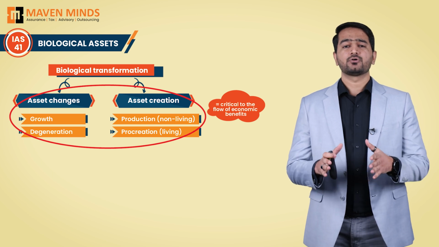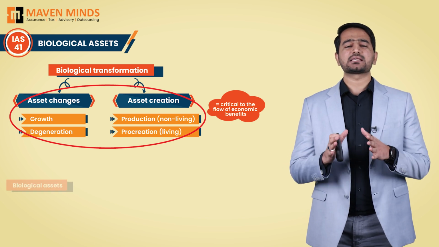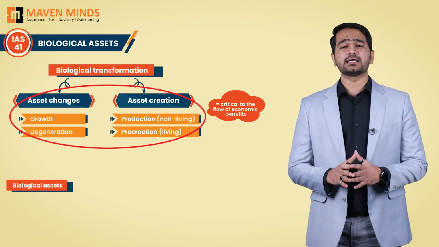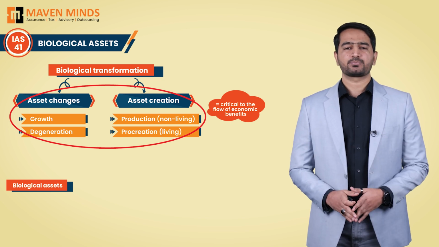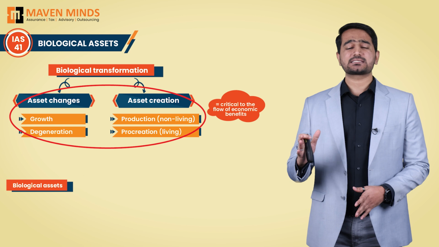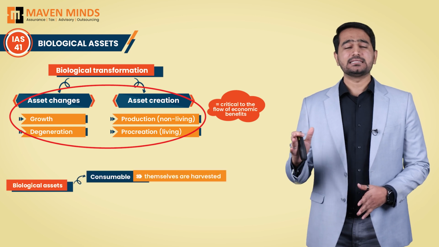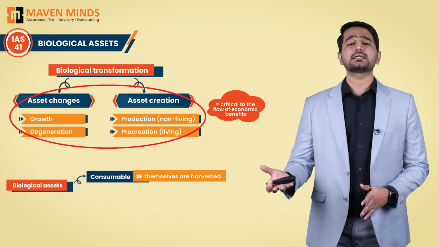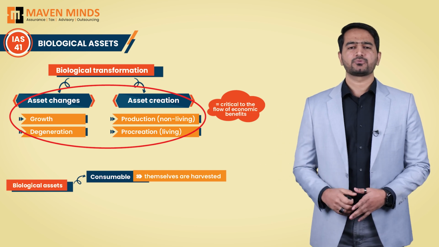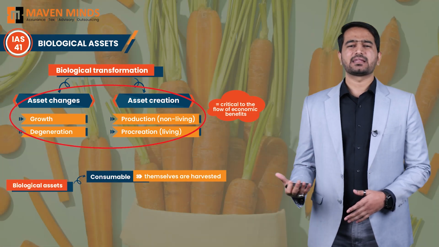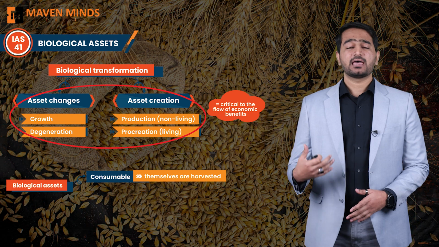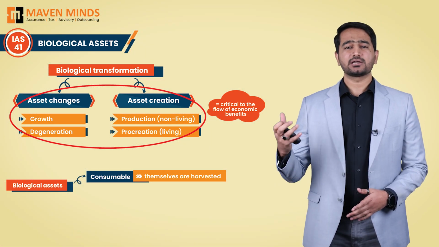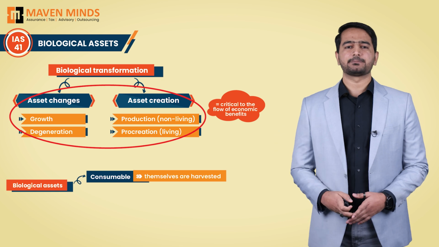And based on what role a biological asset plays in the agriculture system, they are categorized into two categories. The first category is consumable, and these assets, either plants or animals, are themselves harvested. For example, carrots, wheat, and fish are considered consumable because they are grown and sold directly.